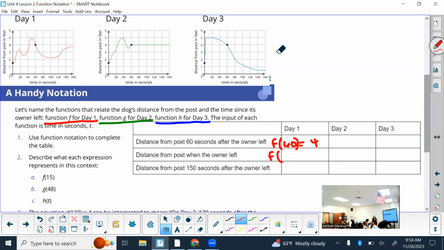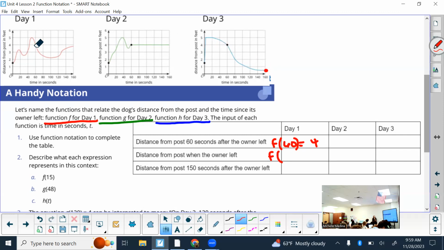So if the situation was the dog's distance in feet since the owner left, and I need to put something in for the input for the time in seconds, then what do I need to put? When the owner left, initially, what time frame is that in seconds? No, 160 would be when the owner returned.